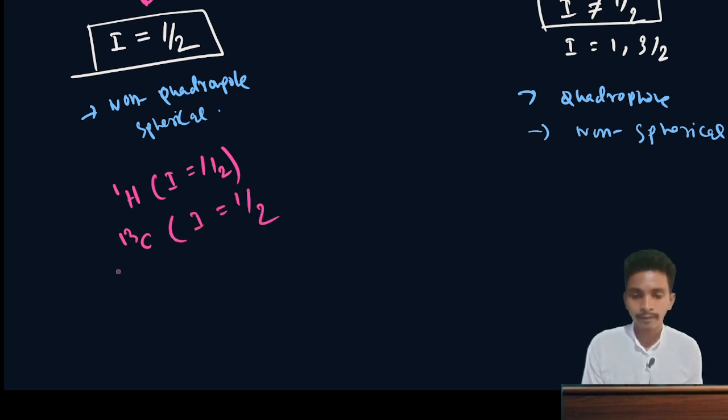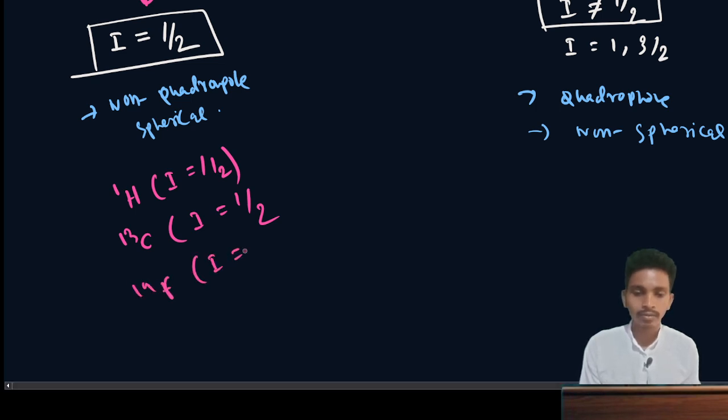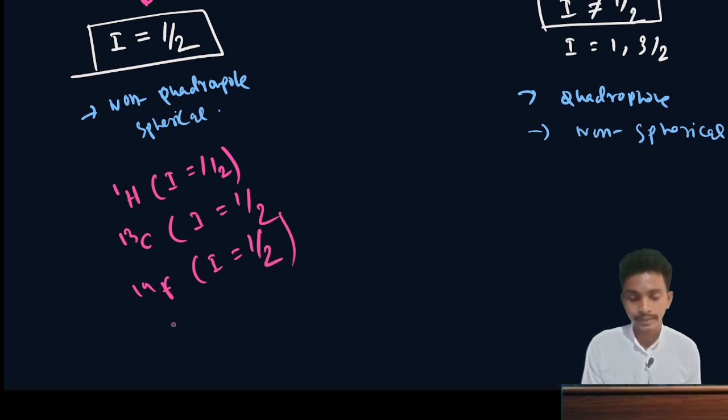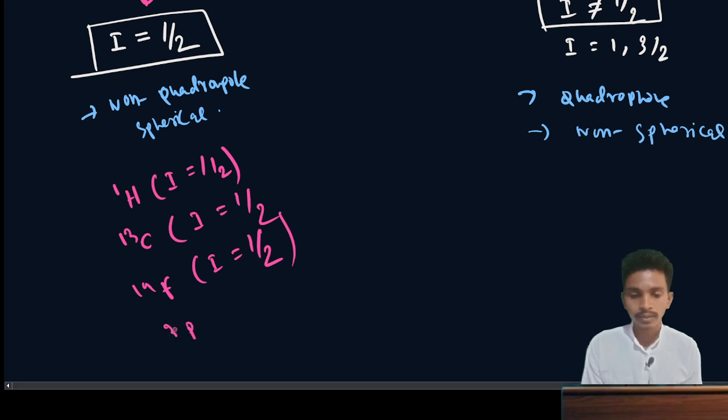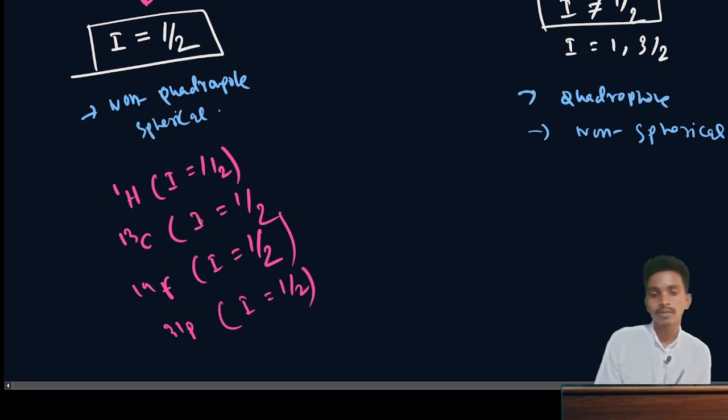Like fluorine 19, here also I is equal to half. So we found that where I is equal to half, we have those types of NMR, and where I is not equal to half, we don't have that type of NMR.